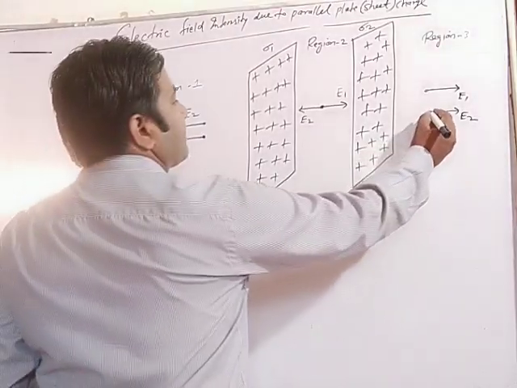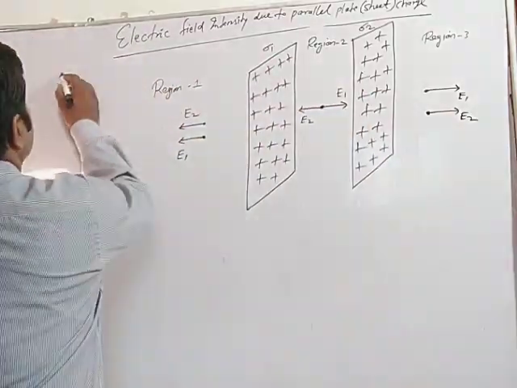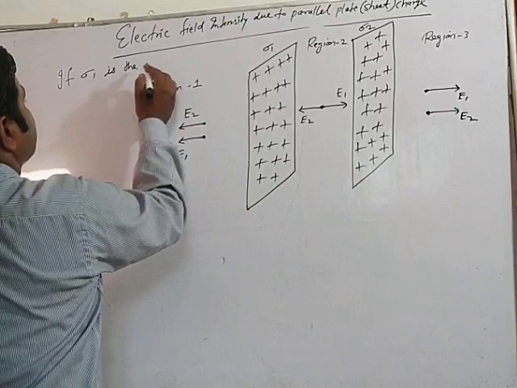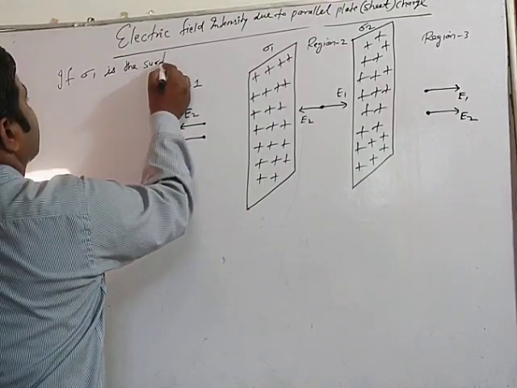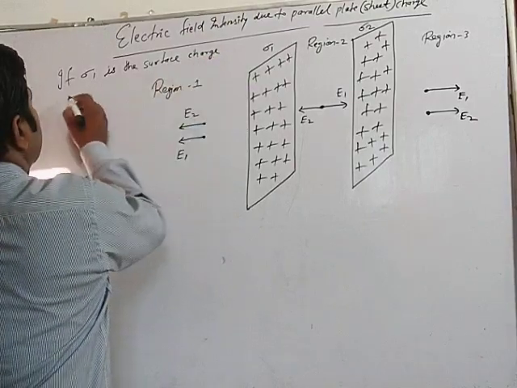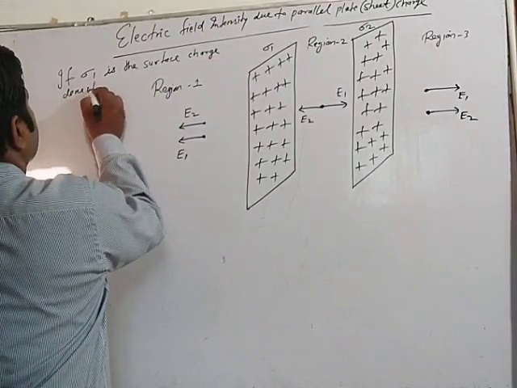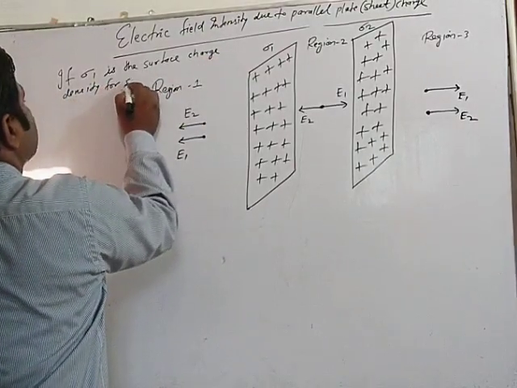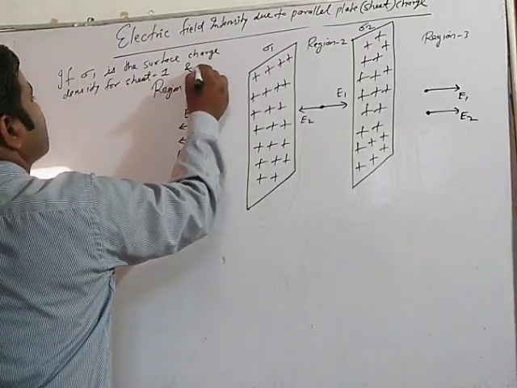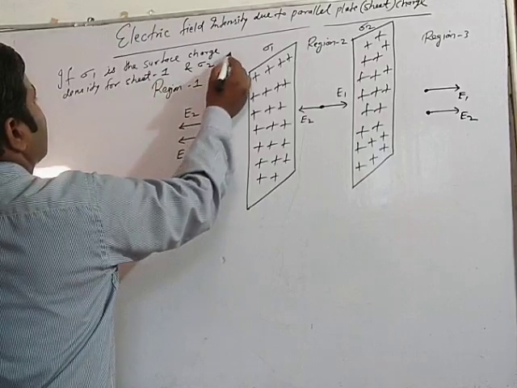Now sigma 1 is the surface charge density of sheet 1, and sigma 2 of sheet 2.